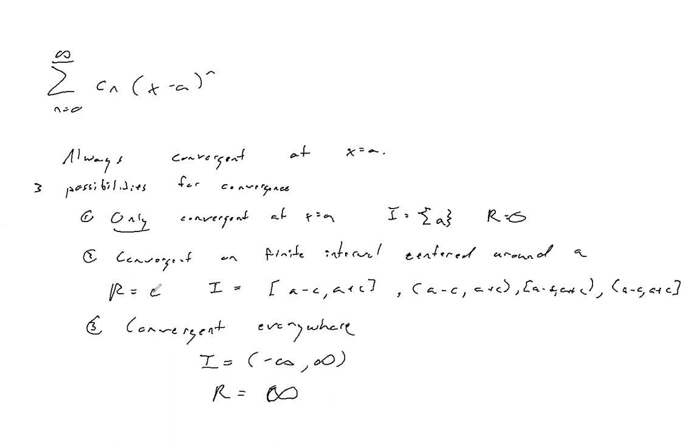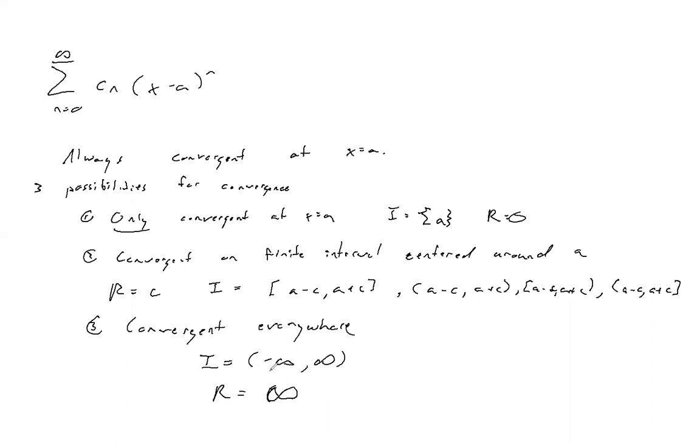So let's say our radius of convergence is c, then our interval of convergence is going to be one of these four intervals centered around a. It's going to either be a minus c to a plus c, brackets on both, same thing, parentheses on both, or maybe one parenthesis, one bracket, and vice versa. Or then we have a third possibility where the series is going to be convergent everywhere.